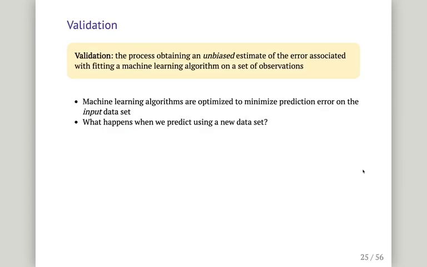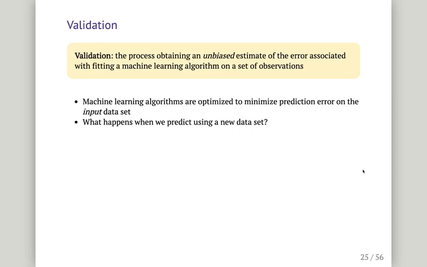So what we do when we fit our machine learning model is employ a validation technique. Validation is the process we use to obtain an unbiased estimate of the error that's associated with a machine learning algorithm. So we want to make sure that we are avoiding that overfitting problem.